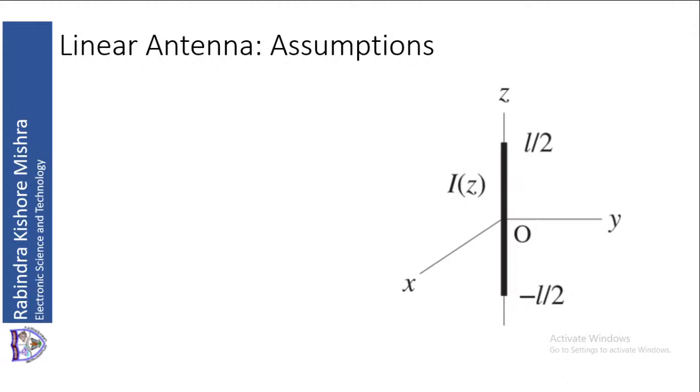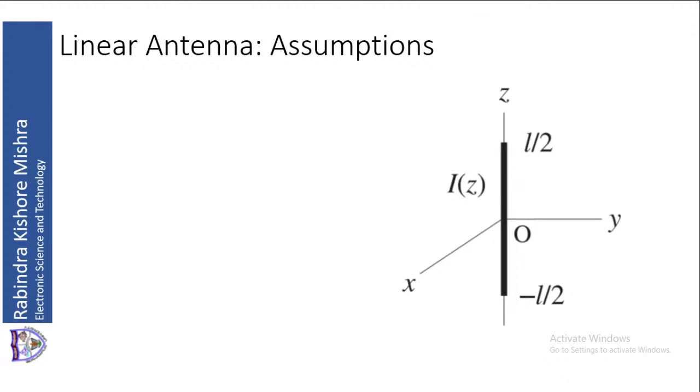And the current on the antenna: since the antenna is a conducting body, usually along the z direction, the current also will be along the z axis. If the current is along the z axis, then surrounding the current there will be a magnetic field.